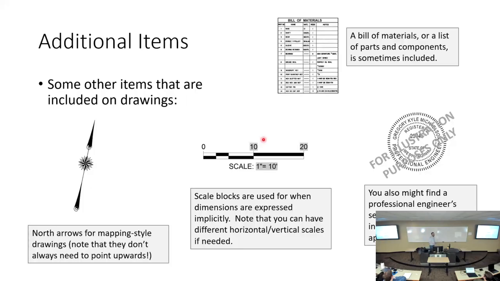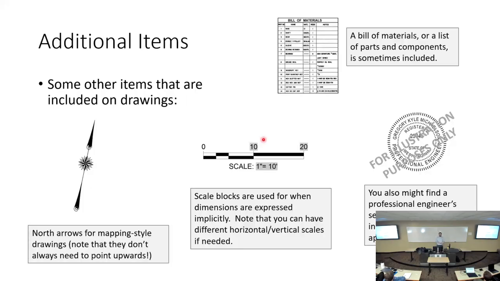For example, if I was generating a set of drawings for the floor plan of this building, this building is kind of rectangular, so I would have the floor plan align with the direction of the paper, but north might not be perfectly up. North might be a little bit like that. That doesn't matter as much as making the drawing easy to understand. So north might not face perfectly upwards on a drawing.